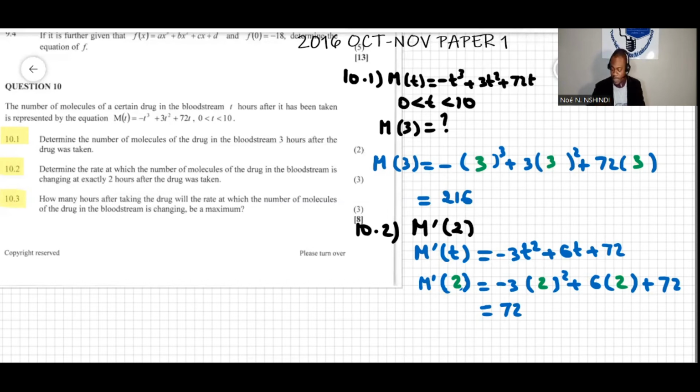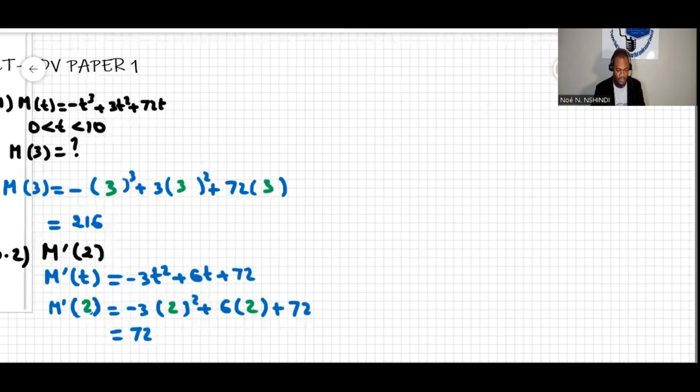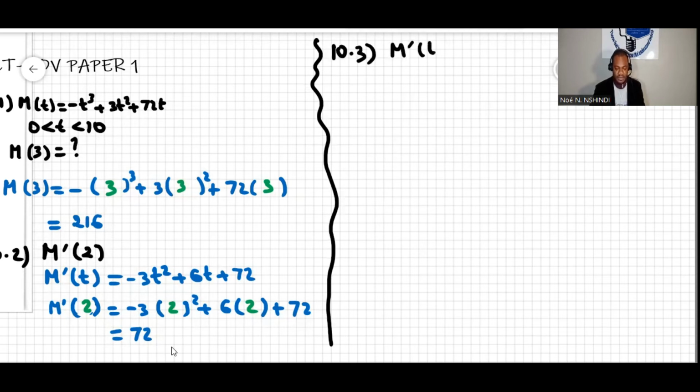When we talk about the maximum here, we're going to set the derivative of this function m of t equal to 0 to determine the maximum. So we are asked to calculate m prime of t equal to 0, but we are actually asked to find t.